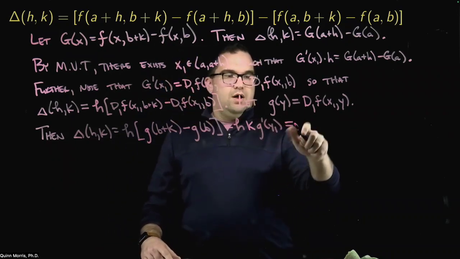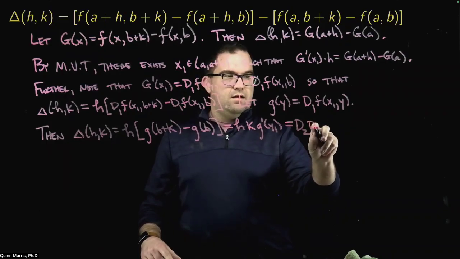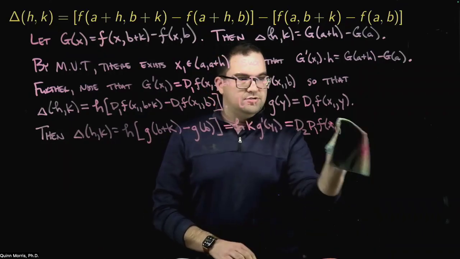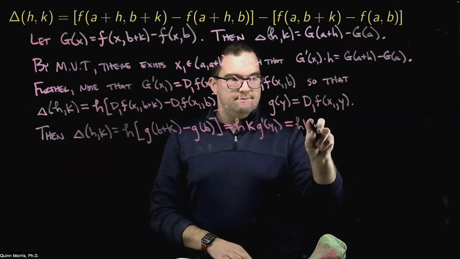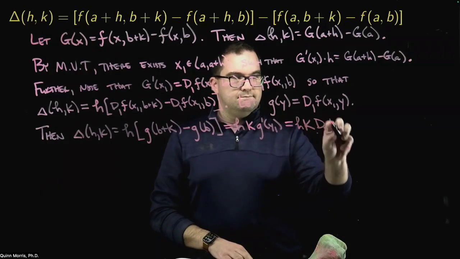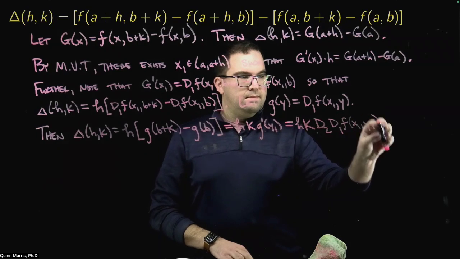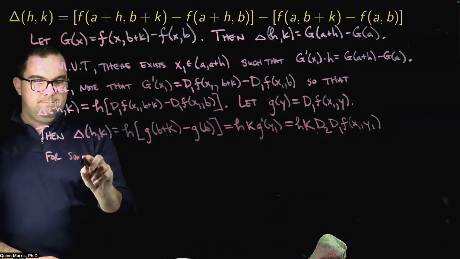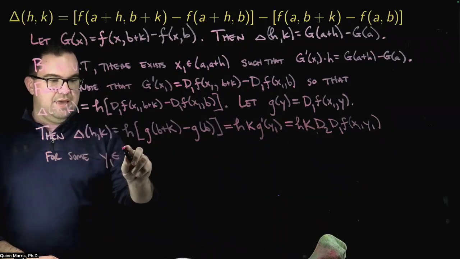But g prime of y1, that's going to be actually the derivative with respect to the second variable of this thing. Oh, I left out my h and my k. Oops. Evaluated at x1, y1, and this is for some y1 between b and b plus k.